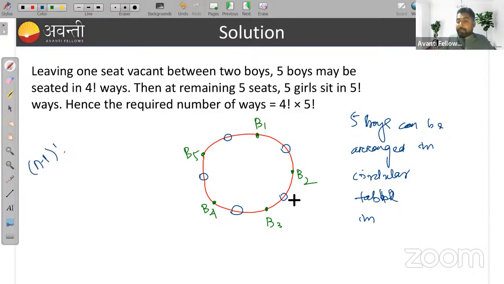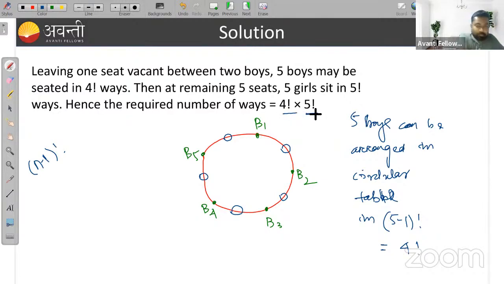So 5 boys can be arranged in (5 minus 1) factorial, that is 4 factorial ways. And we need to seat those girls in between 2 boys. We have 5 places and we need to arrange 5 girls in those 5 places, in 5 factorial ways. So 4 factorial into 5 factorial will be your answer.